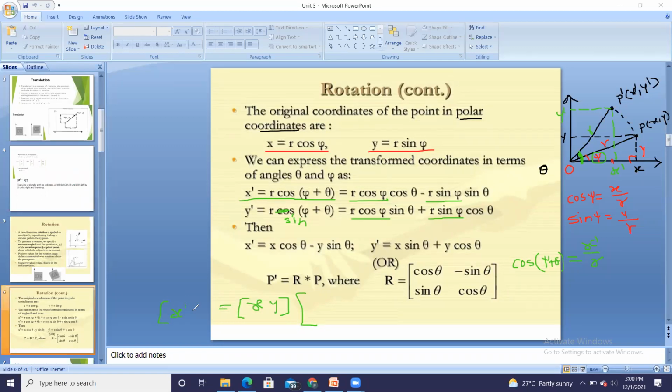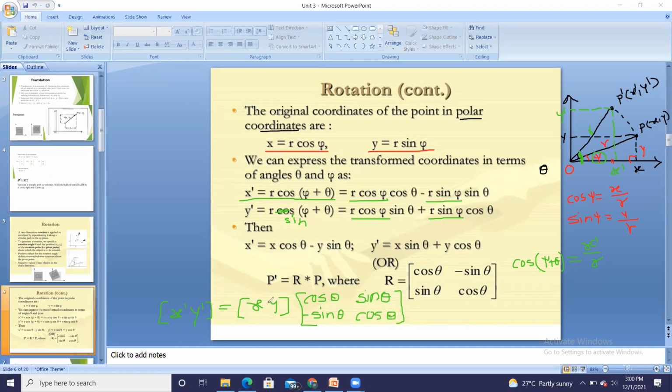So if I want to get x dash y dash from xy, then I will write x and y in a row, and the matrix form will have cos theta and minus sin theta over here, and here sin theta and cos theta. Okay. Now perform multiplication and check you are getting the same result or not.